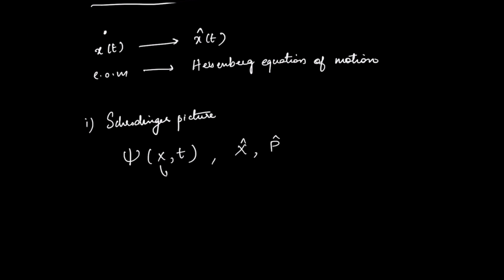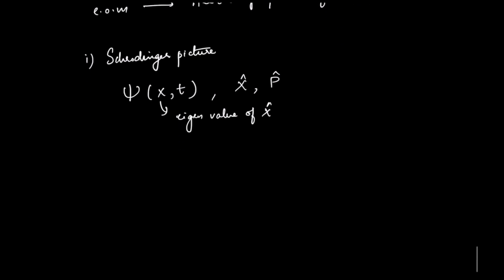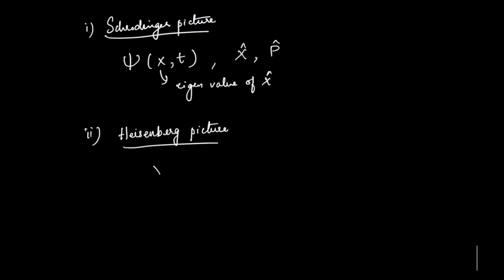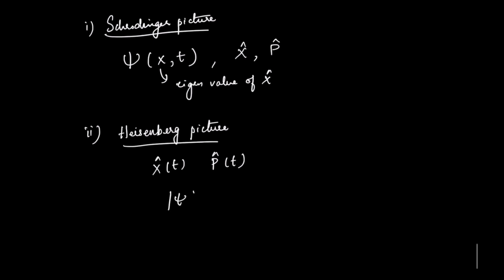And here x is the eigenvalue of the operator x cap. In Heisenberg picture, the dynamical quantity is the operator, that is, operators are dependent on time, and states do not evolve in time.